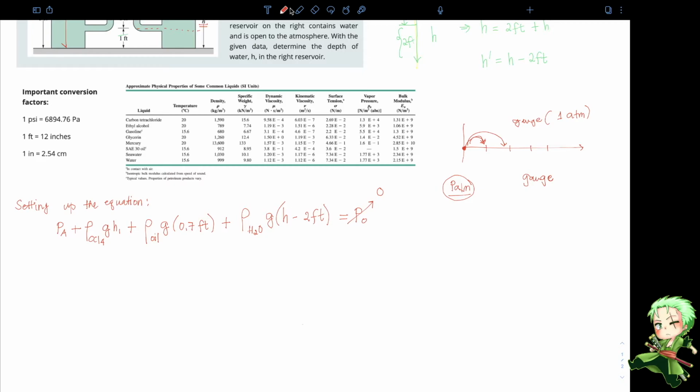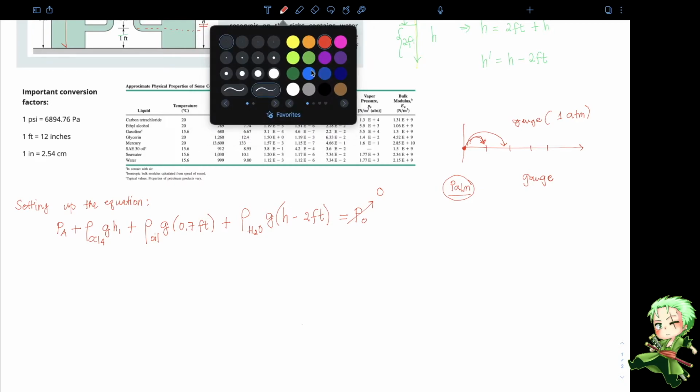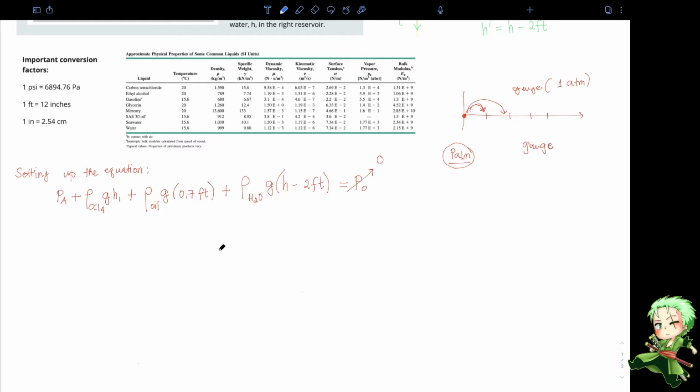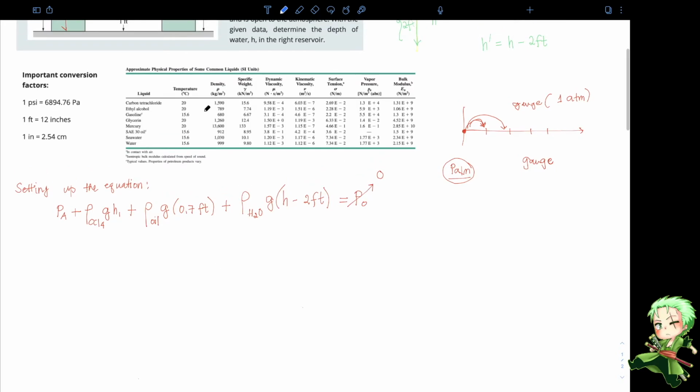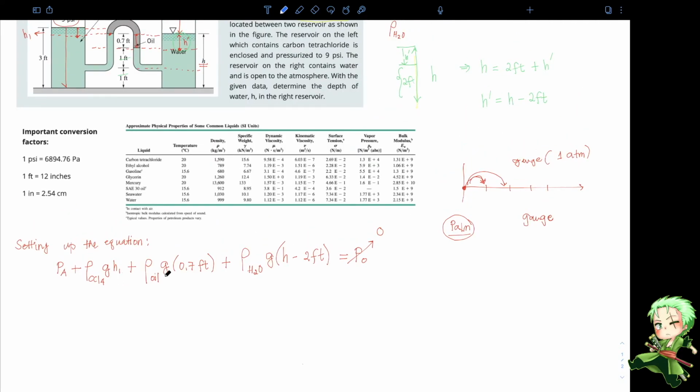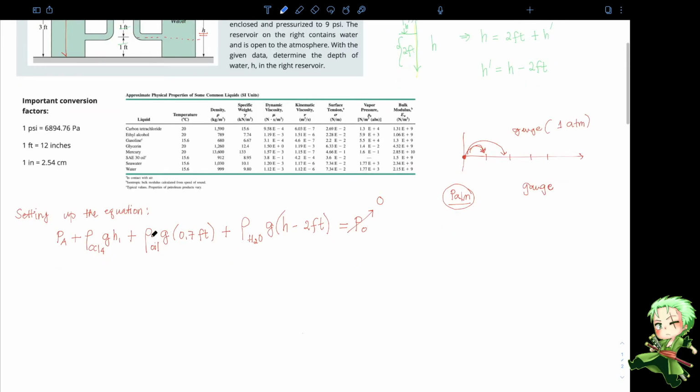So what we are going to do, I will change the color to blue. Take note that the givens, for example carbon tetrachloride, are all in SI. So that means we need to convert every single unit of height into SI. So we start with H1.